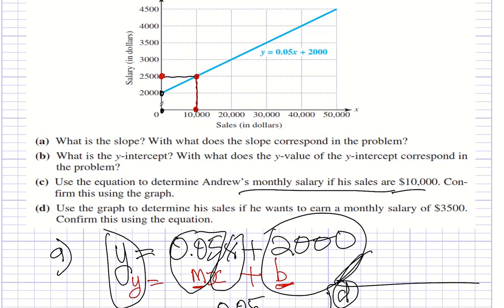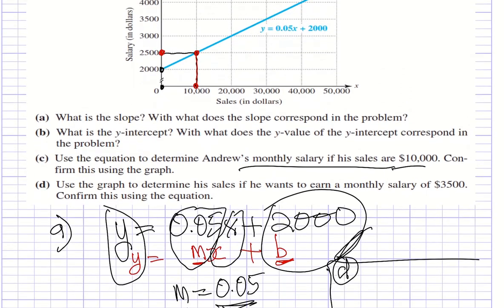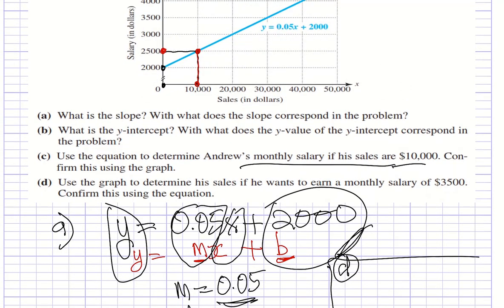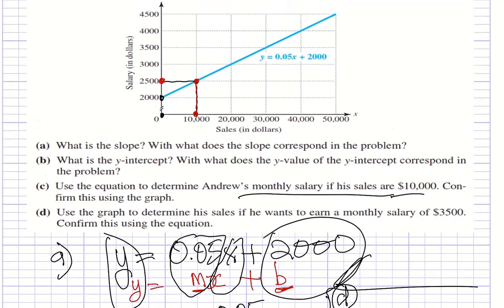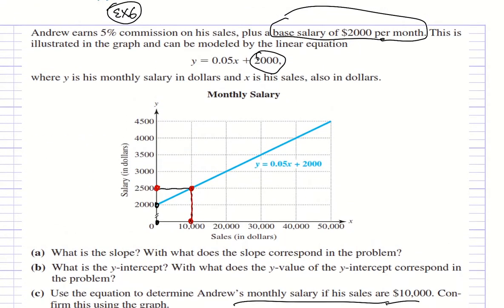Now, what is D saying? Use the graph to determine his sales if he wants a monthly salary of 3,500. Again, it's easy. We're going to use the graph. The salary is over here, 3,500.